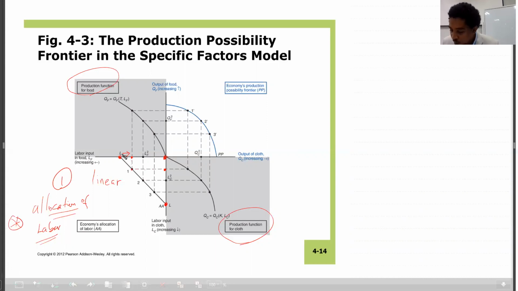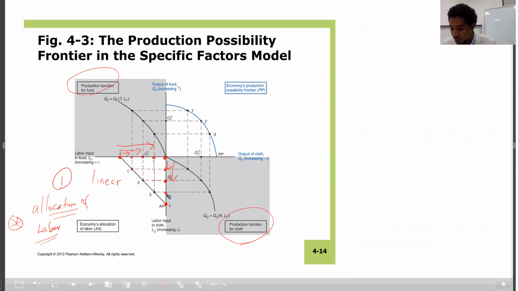So when we decrease the labor force in food by this much, we increase the production of clothes by this much. When we further decrease the labor in food by this, we have this point. So we increase the productivity of labor to this point. And further, when we decrease the labor in food here, we produce more clothes here.